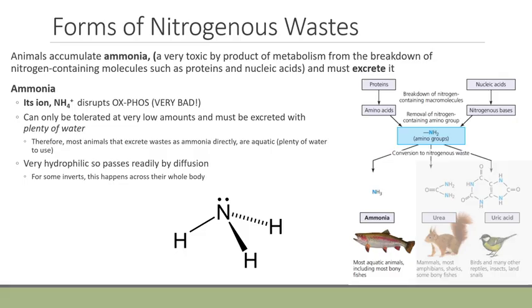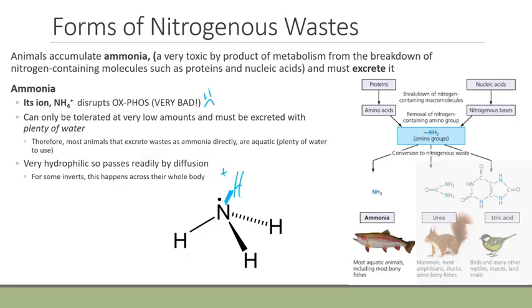So basically you're adding another hydrogen there, an extra hydrogen carrying a positive charge overall for that molecule. That disrupts the oxidative phosphorylation pathway. If you remember, OXPHOS was a part of cellular respiration. If you stop cellular respiration, that's not very good. You don't get energy. If you don't get energy, you don't live. Very bad.